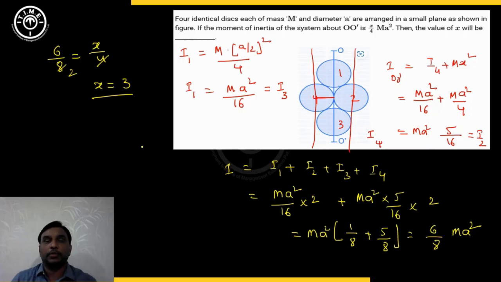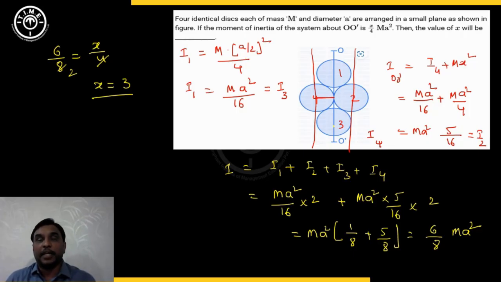This is the way to calculate moment of inertia about a given axis. Again I used the parallel axis theorem only. I calculated the moment of inertia of disc 1 as mr square by 4, where r is a by 2, so it is ma square by 16, and the same for the third.